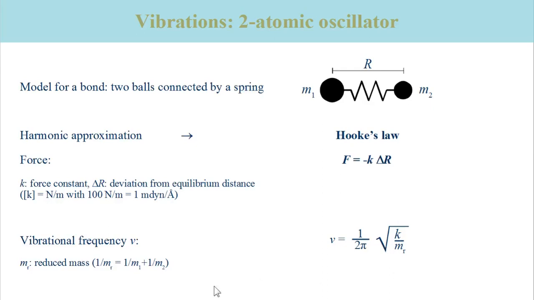The reduced mass is calculated from the two masses connected to the spring according to this equation here, where the reciprocal of the reduced mass is calculated by adding the reciprocals of the two masses m1 and m2.